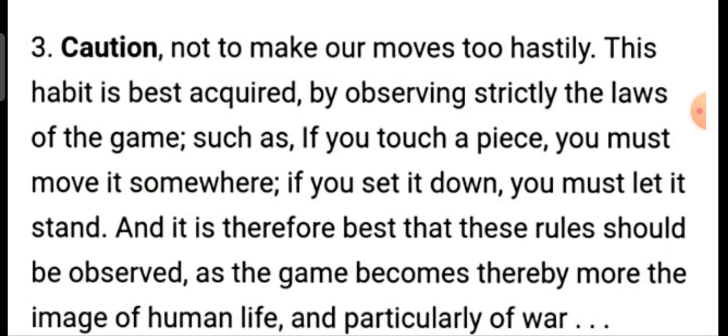And if you touch a piece, if you are with some work, you must have it done. Done in the best way you can, so that your move becomes the image of your successful human life. Okay? Now the next part.